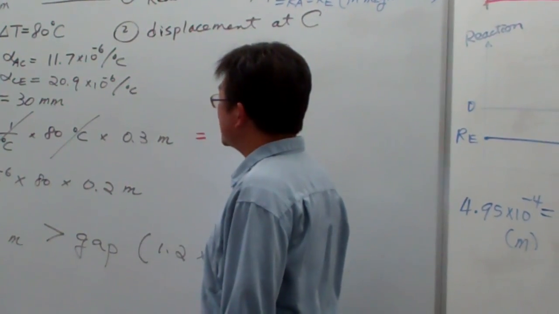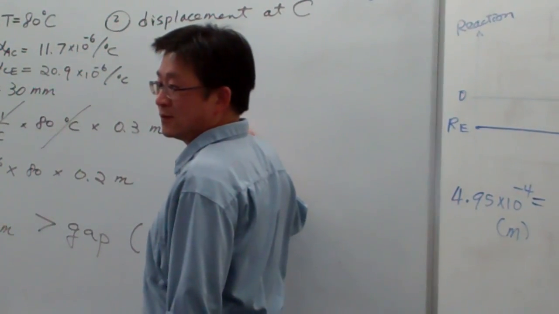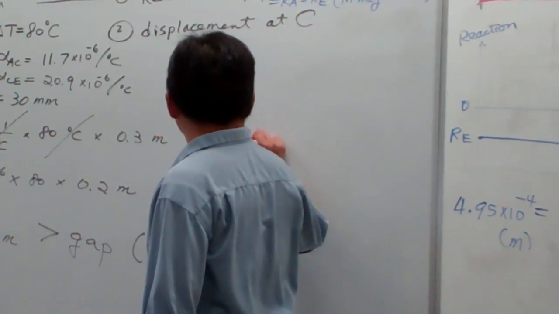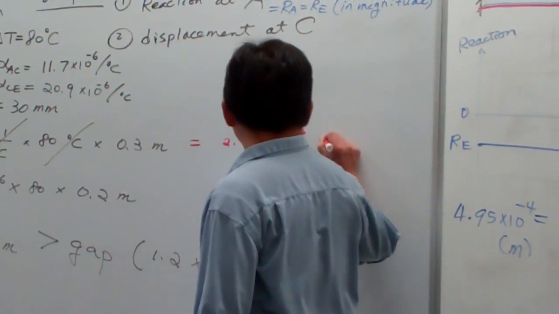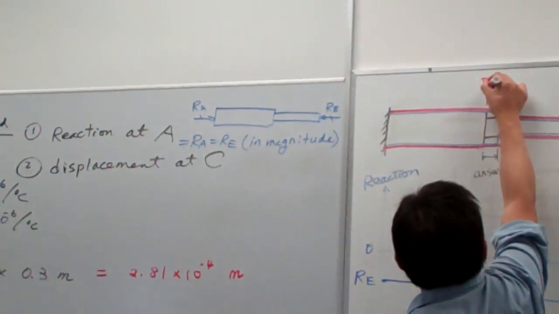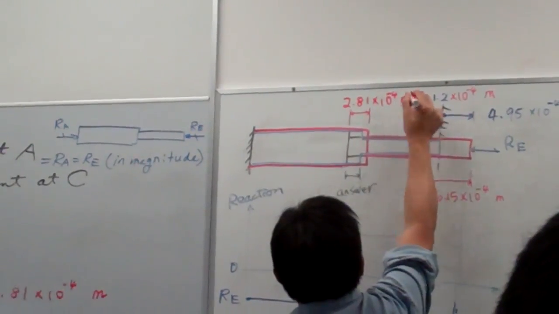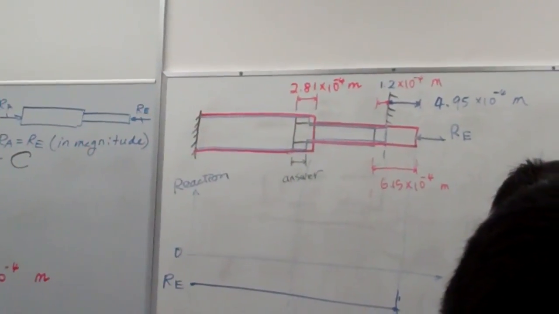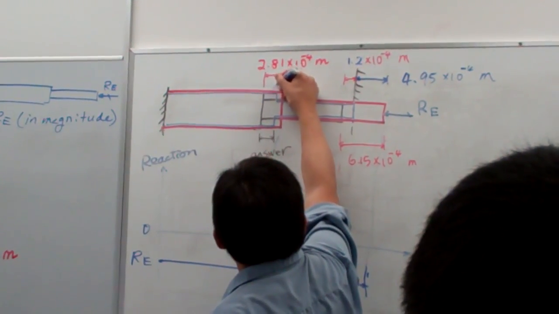About 2.81 times 10 to the negative 4 meters. Okay, so this one is 2.81 times 10 to the minus 4. And then what is this?